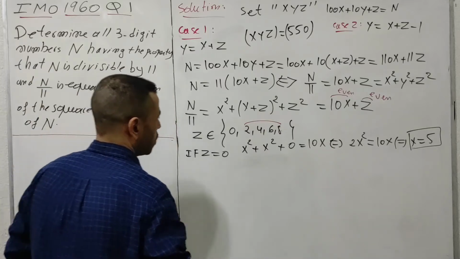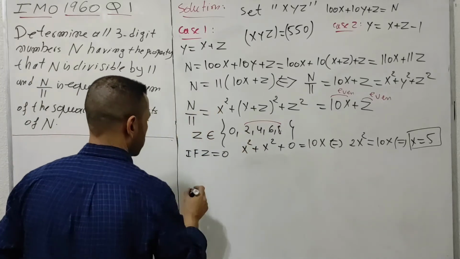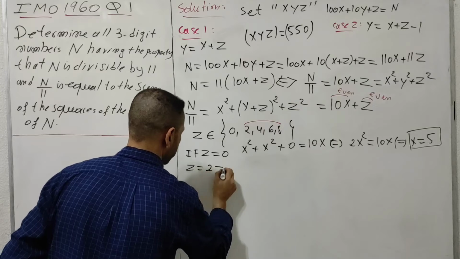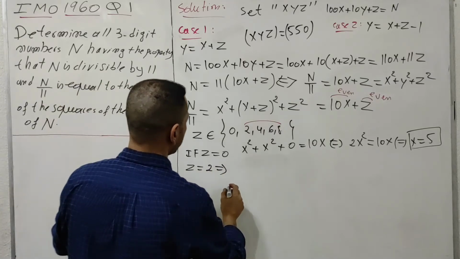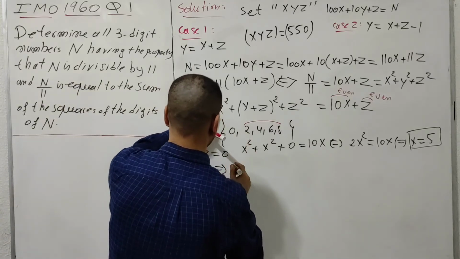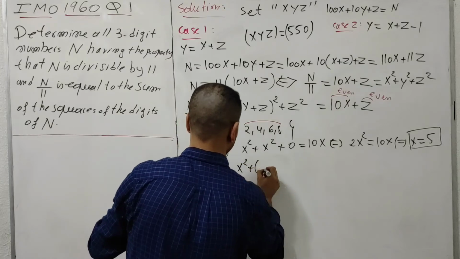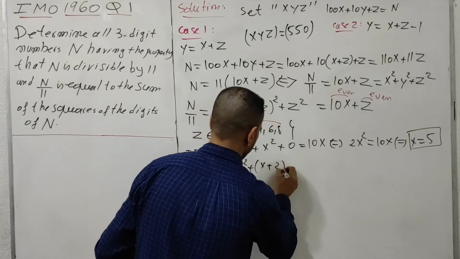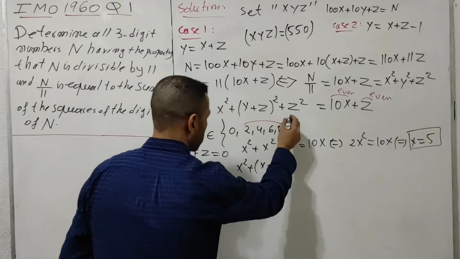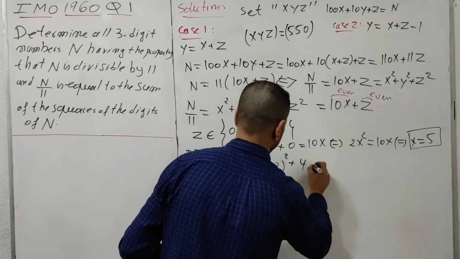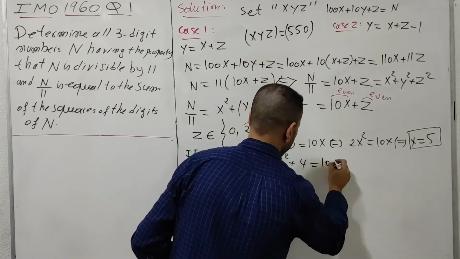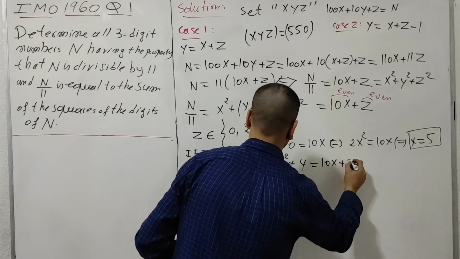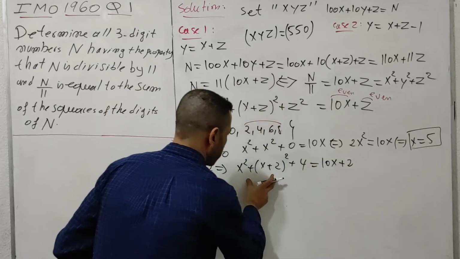Okay, let's take this example, z equal to 2. I'm going to replace z with its value. We'll get x squared plus x plus 2 quantity squared plus 4 equal to 10x plus 2. Okay, now I'm going to simplify this one.